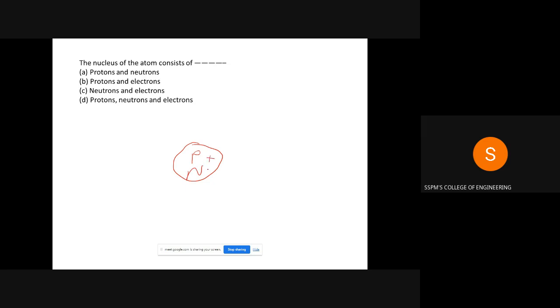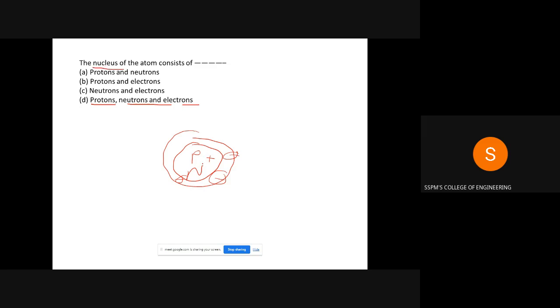Proton is positively charged, neutron is chargeless, and surrounding that there are electrons. An atom consists of proton, neutron and electron, but here the question is only about the nucleus.